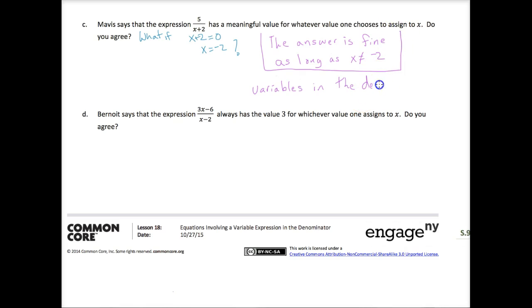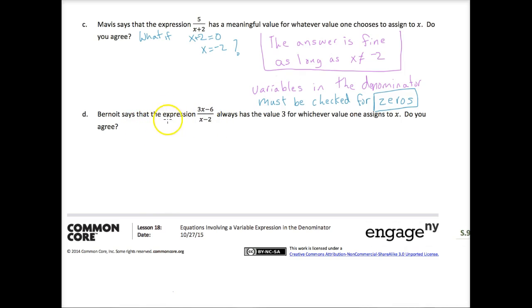Variables in the denominator must be checked for zeros. Remember, I keep telling you, zeros and ones are our big deal in this world.